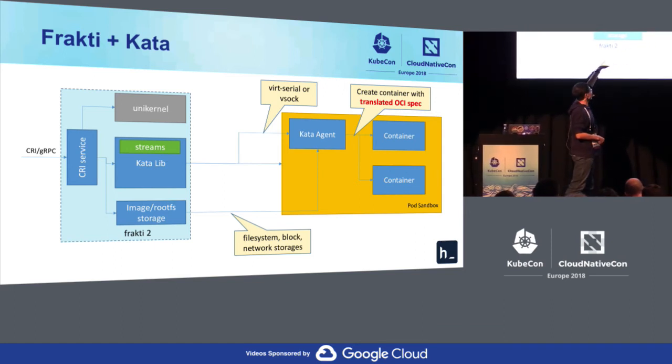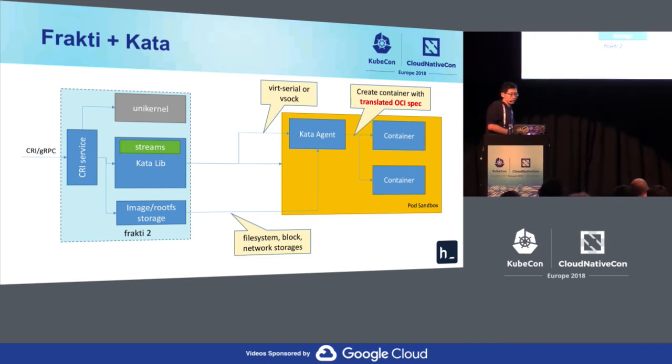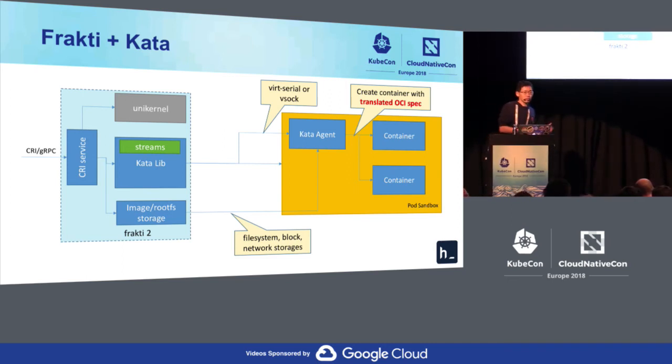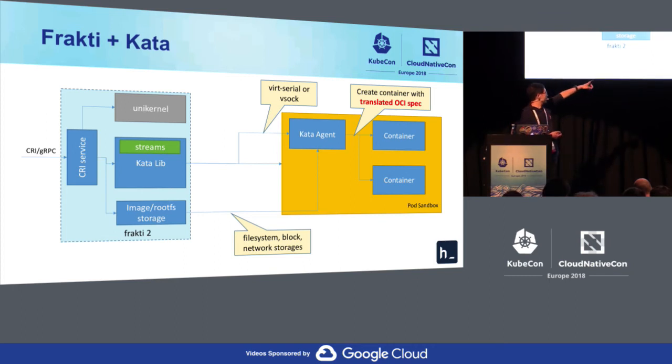They can just call the Kata agent through virtio-serial or VSOCK. Even if we need multiplexing, we can do it in the Kata library. That's the new progress in the Kata project, because we can just call the runtime library and call the sandbox directly.